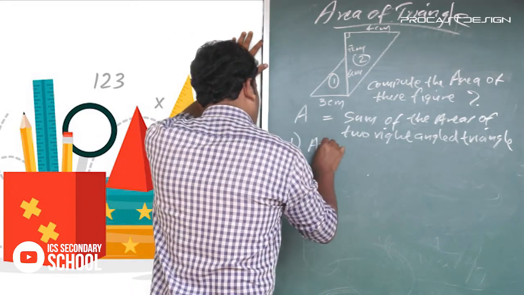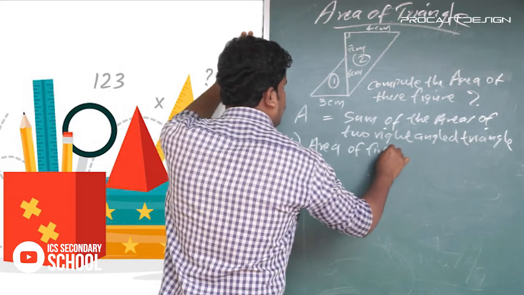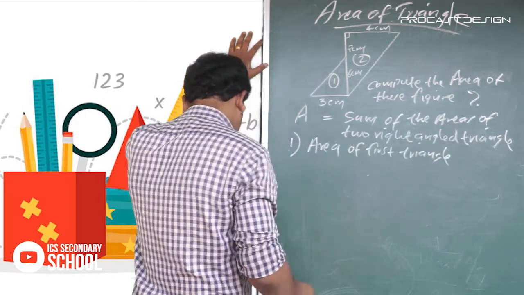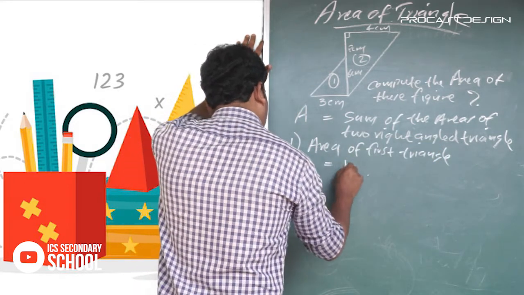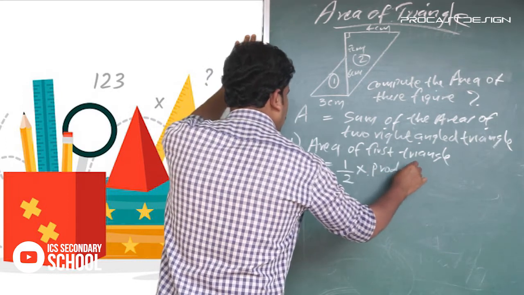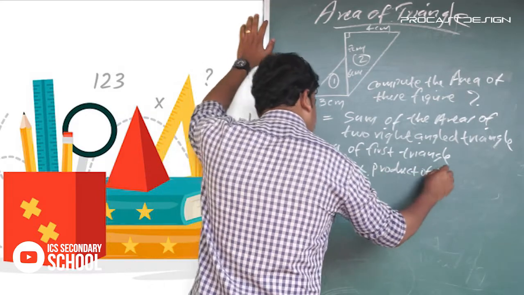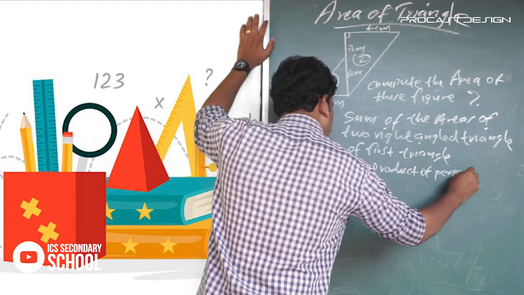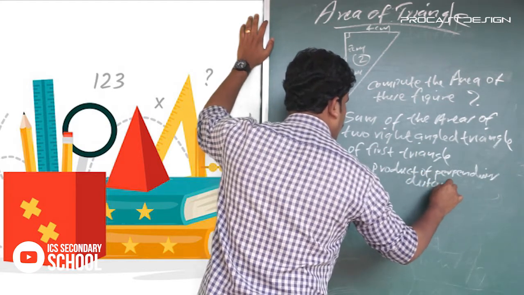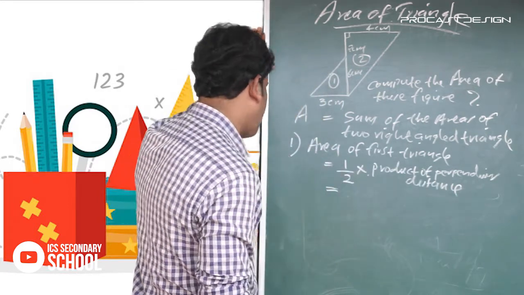So first we calculate the area of the first right angle triangle. The area of a right angle triangle means half into the product of the perpendicular sides. So the area of the first right angle triangle is half into the product of perpendicular sides.